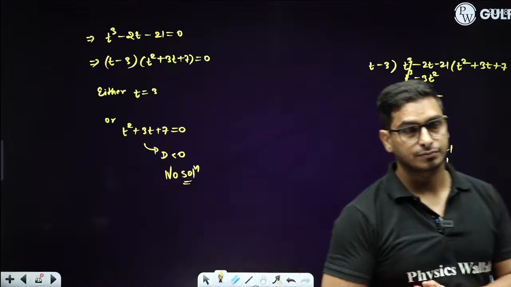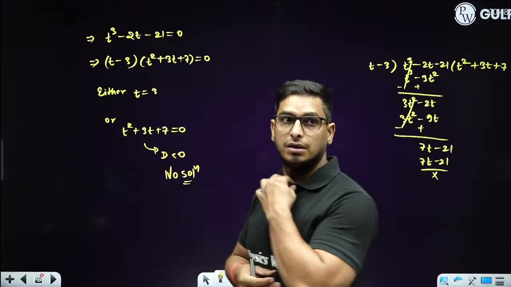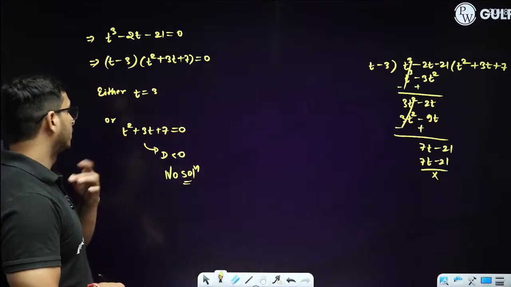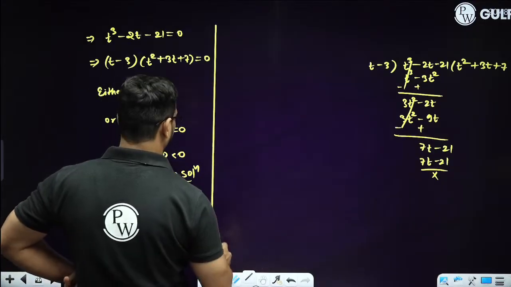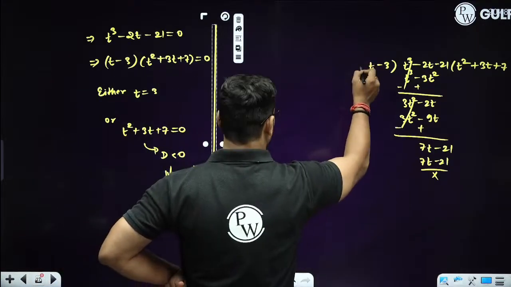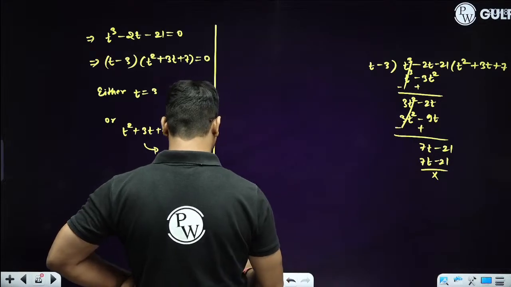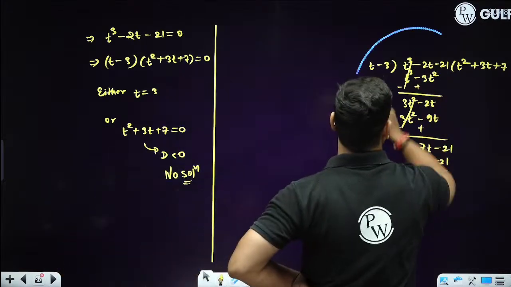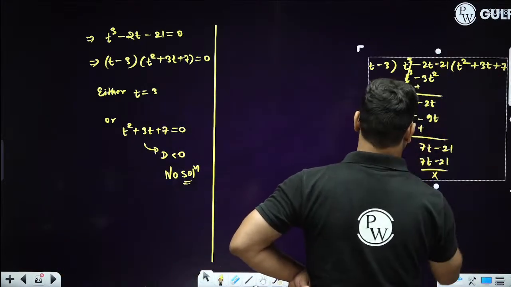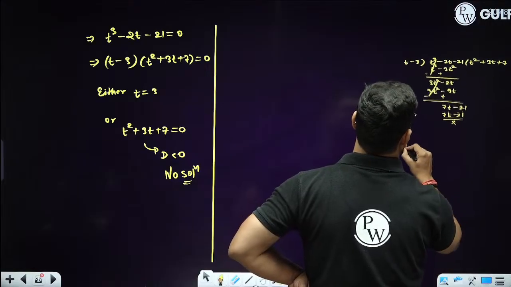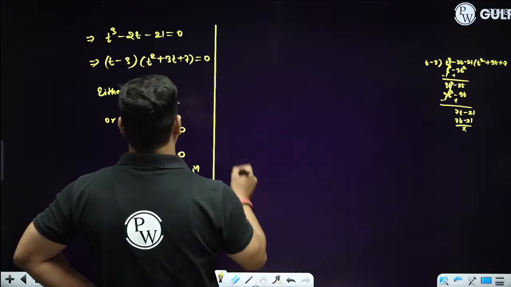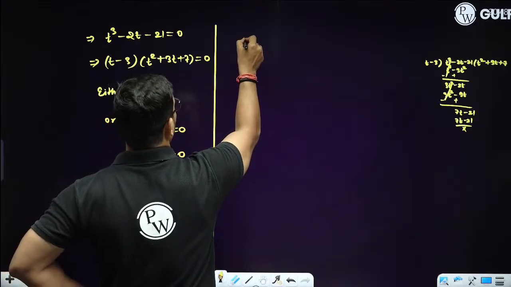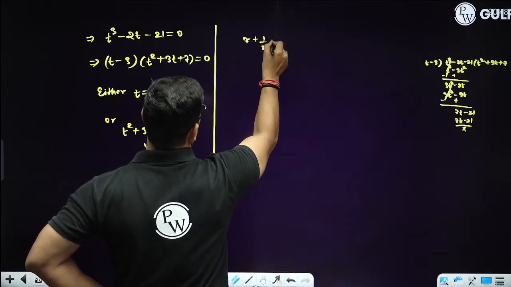So we have T as 3. Should I just keep this like this? Now T means R plus 1 by R equals 3.